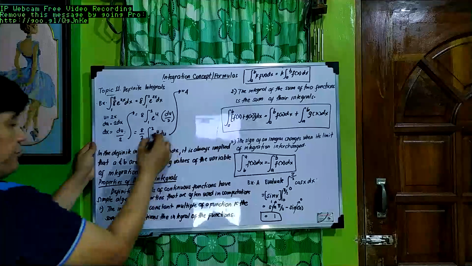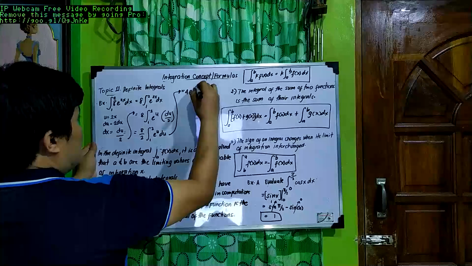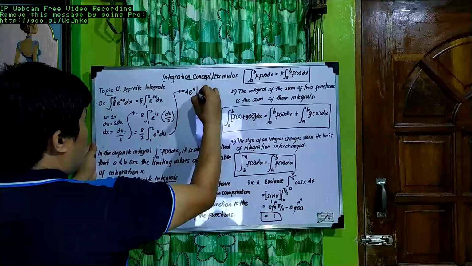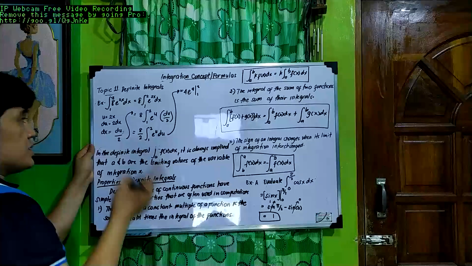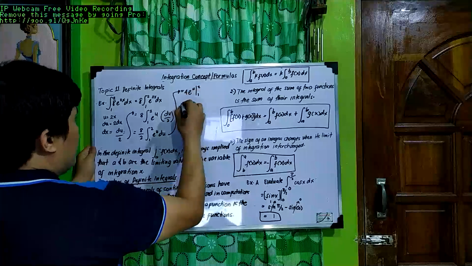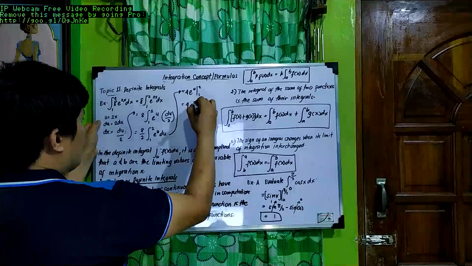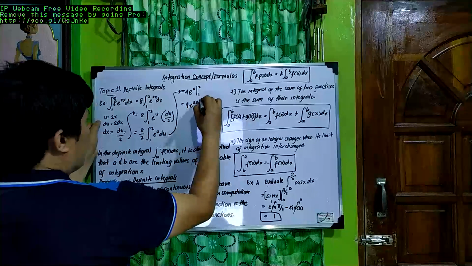Integrate. The integral of e^u is still e^u. So you have e^u with limits from 1 to 2. But before we substitute the limits, we must remember that it is still u. So we need to substitute the value of u, which is 2x, limits from 1 to 2.